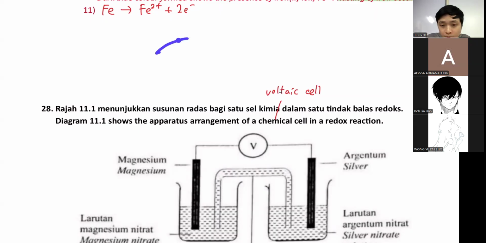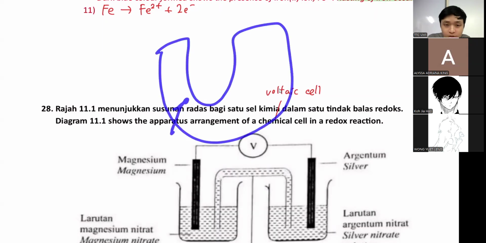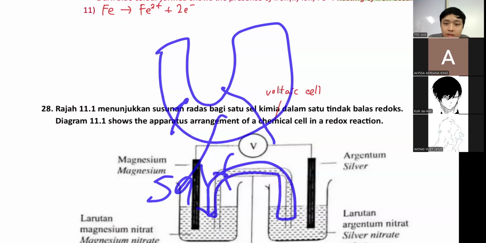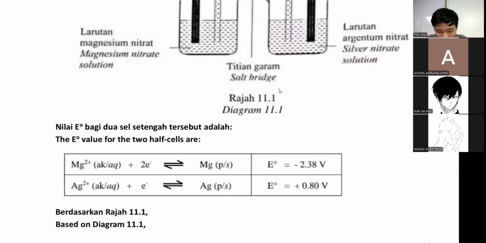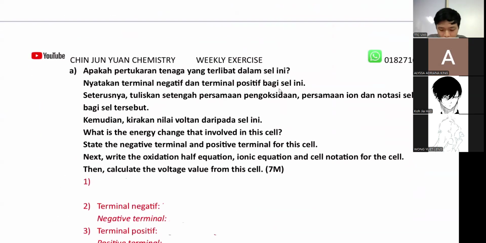Same thing here. You have sulfuric acid, this one also a salt bridge, to complete the electrical circuit by allowing the movement of ions. More details: what do you mean by allowing the movement of ions? I explained that in the YouTube video in a very long manner.